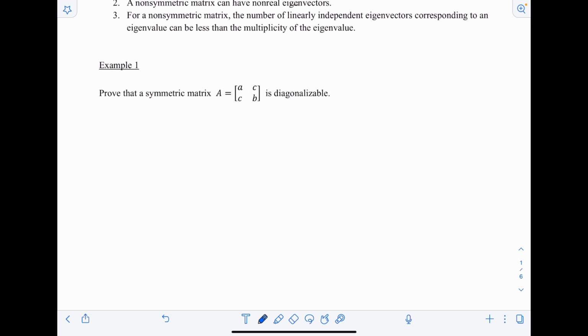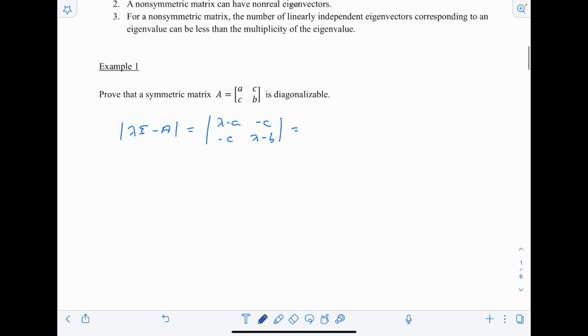So let's start by finding that polynomial, lambda I minus A. In this case, we're just going to take lambda minus A, negative C, and lambda minus B. If we simplify that out, we're going to have lambda minus A times lambda minus B, minus C squared, which is lambda squared minus, now we're going to have a minus A lambda and a minus B lambda.